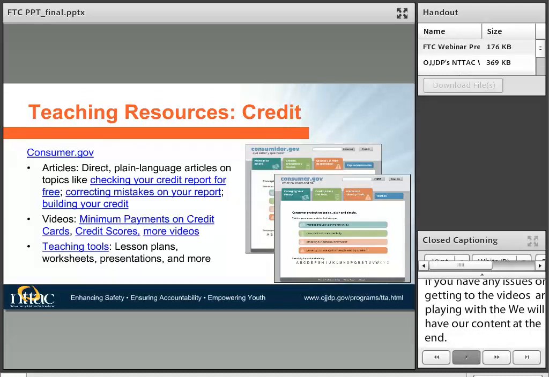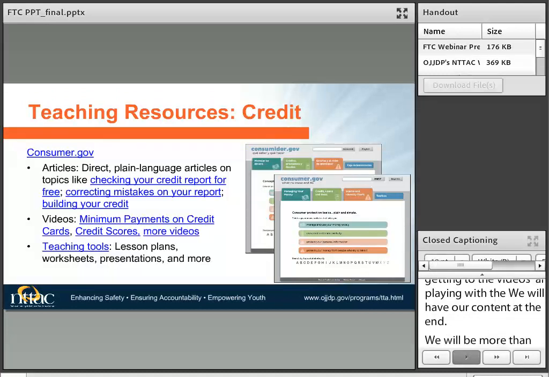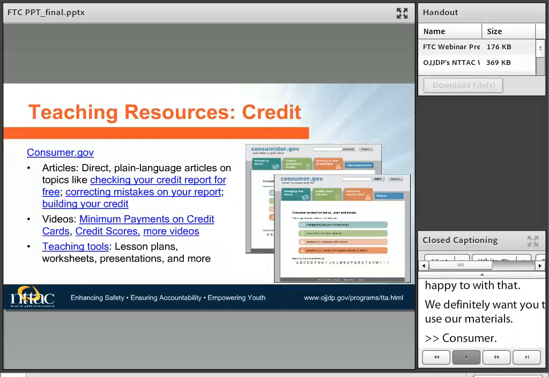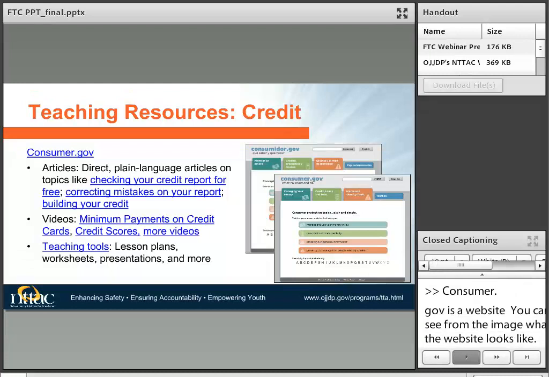And this is Dina. I see that somebody's asked if the lesson plans are available. And yes, consumer.gov is a website, and you can see from the image what the website looks like. You see there's a toolbox there on the upper right-hand corner. And if you click on that toolbox, you'll find all these lesson plans as well as worksheets and presentations you can use.